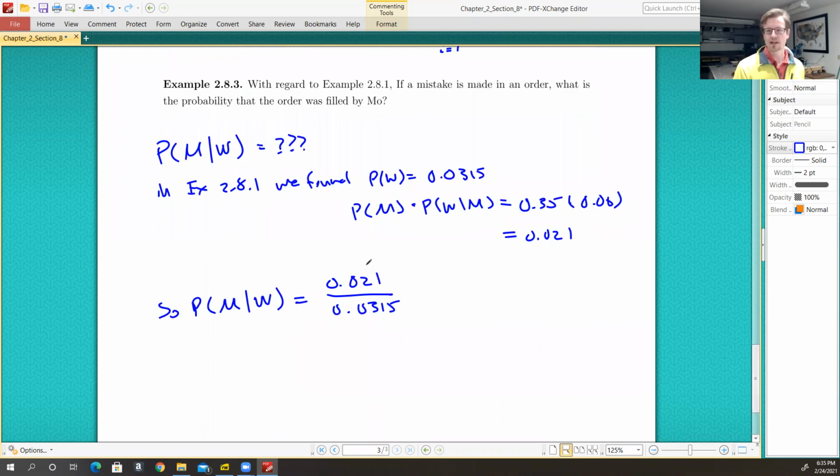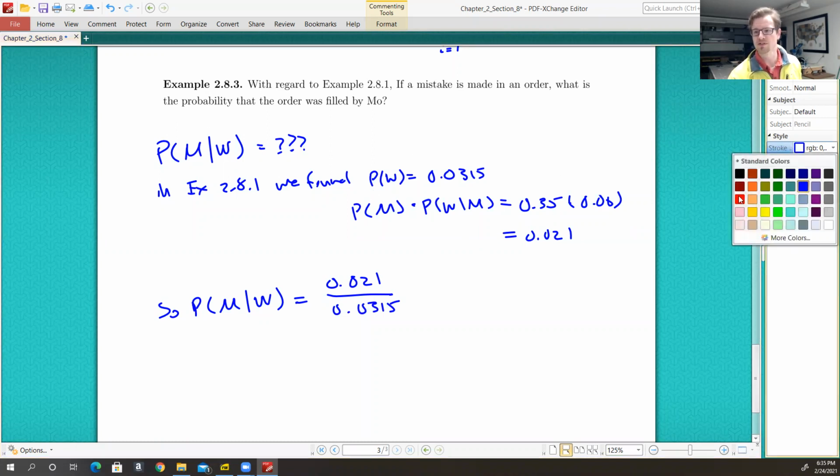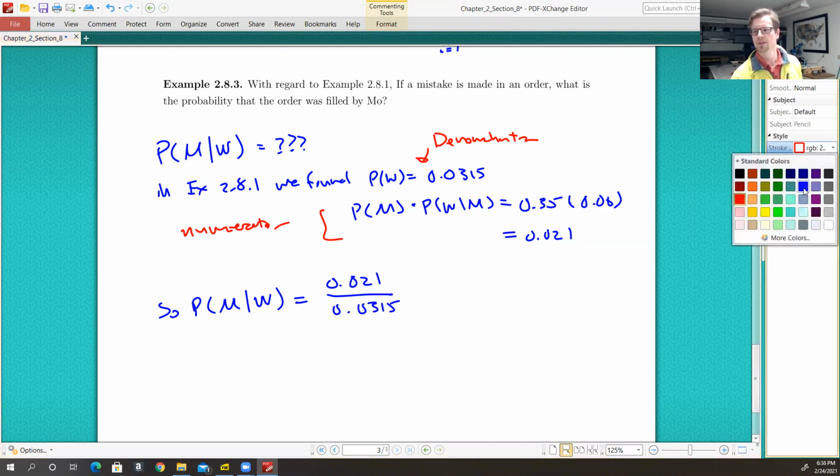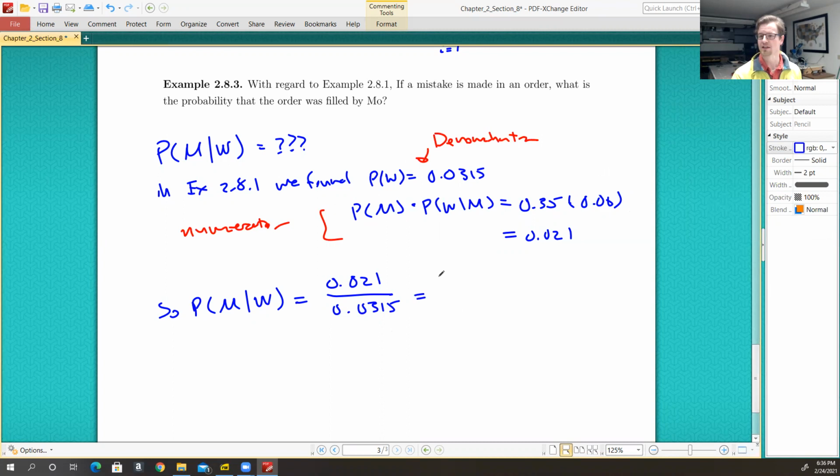We already calculated that numerator here. That's the numerator. We calculated the denominator in the first example. So denominator and numerator, we found them. Now it looks just like the definition for conditional probability, and we get 0.6 repeating.